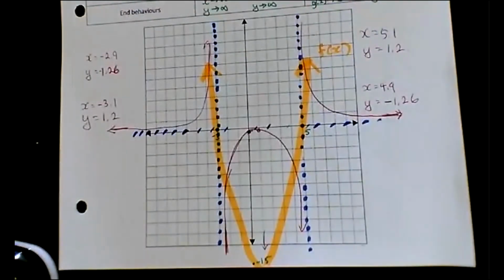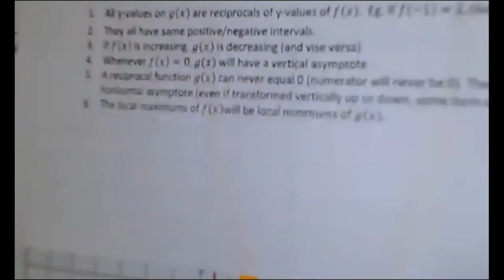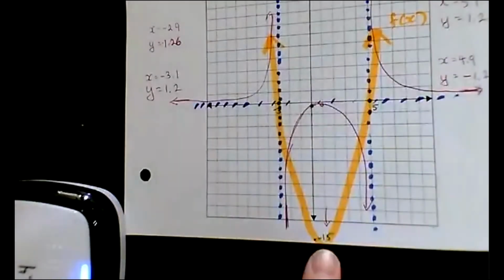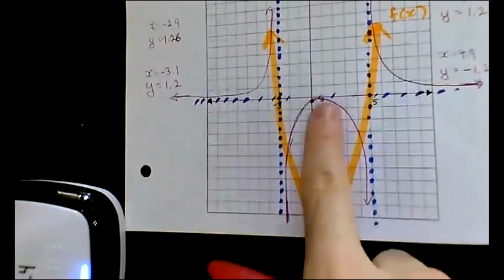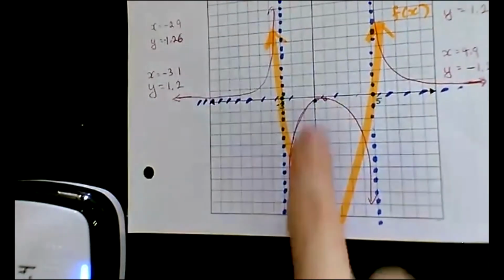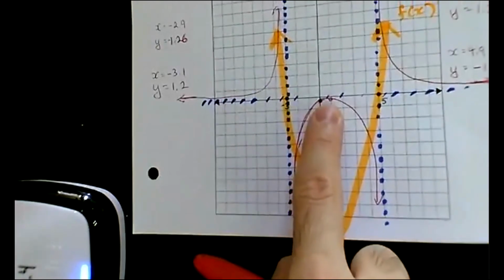So take a look. This is where I get the 1. Everyone, please take a look at your previous sheet. Number 6 says the local maximum of F becomes the local minimum of G and vice versa. So if the minimum of your quadratic was at 1, right here, my maximum will be at 1 as well.